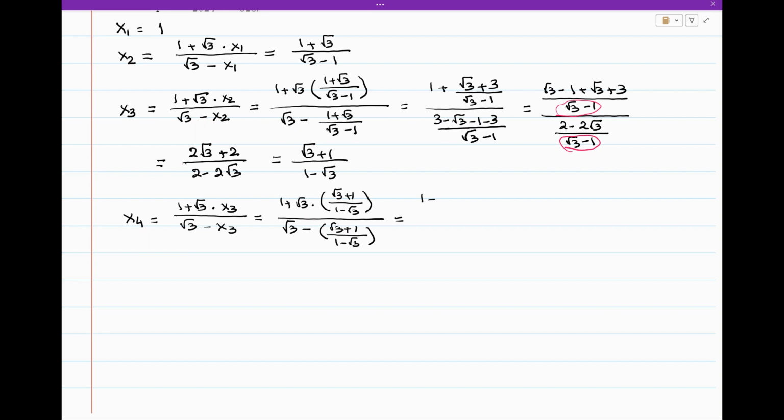1 plus (3 plus square root of 3) divided by (1 minus square root of 3) whole divided by square root of 3 minus (square root of 3 plus 1) divided by (1 minus square root of 3).